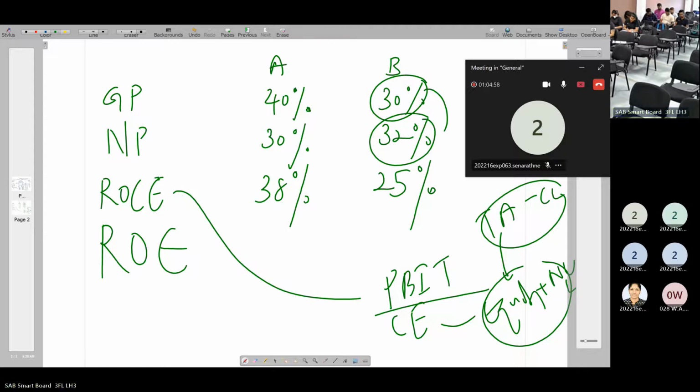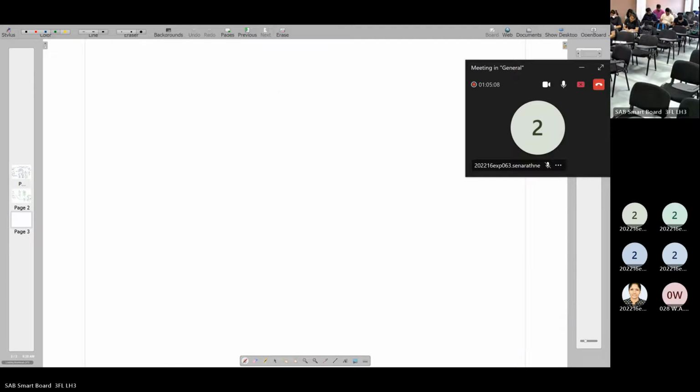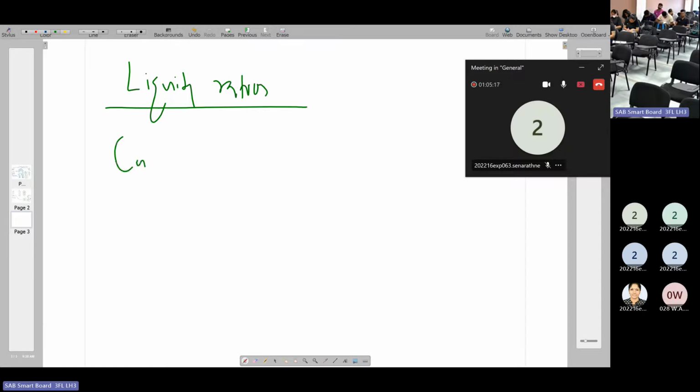Second one, liquidity ratios. Liquidity ratios: current ratio, quick asset ratio.